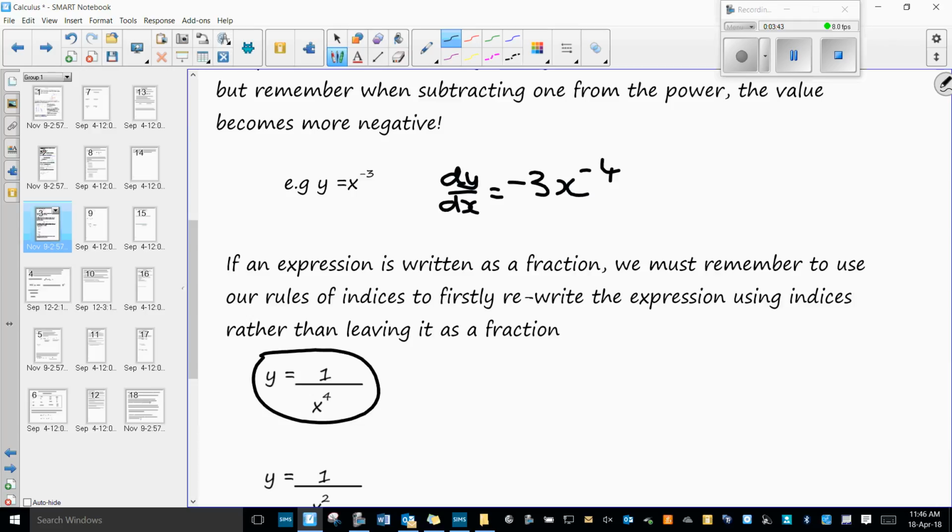So how else can I write 1 over x to the power 4? So we've got 1 over x to the power 4 becomes x to the negative 4. Now notice, all I did here was write equals, because I haven't done anything to this other than rewrite it. Once I've done that, I would then go on to differentiate.